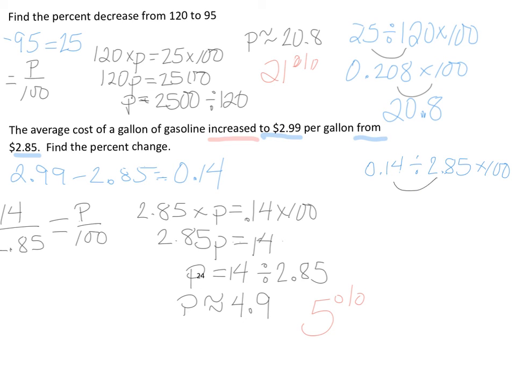When we divide 0.14 by 2.85, we get a not so very pretty decimal. We only need to worry about the first 3 digits because of where we're rounding to. And when we multiply 0.049 times 100, that gives us 4.9, which we know we can round up to 5%.